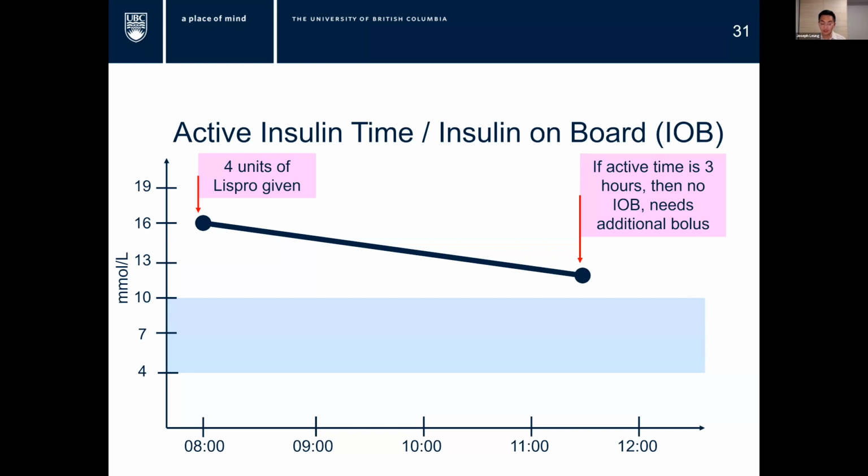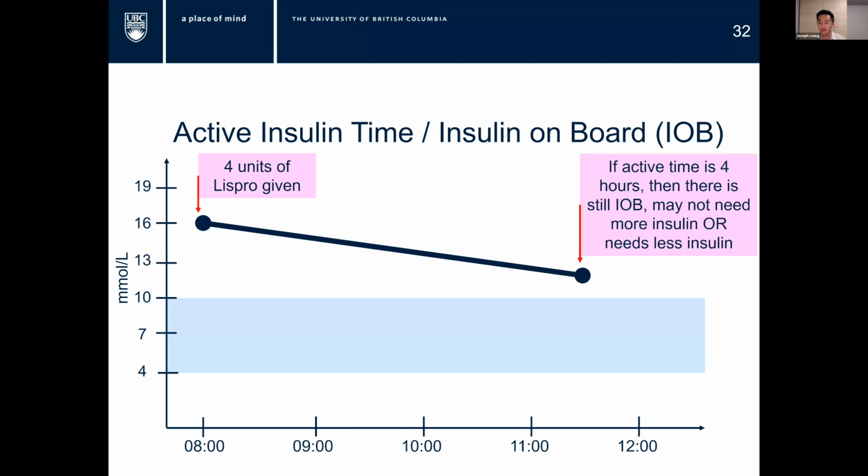And it'll recommend something. However, if that active insulin time is 4 hours, then by 11:30 a.m., the pump will interpret that not all of the insulin given at 8 a.m. is used up yet, and there may still be some insulin on board.